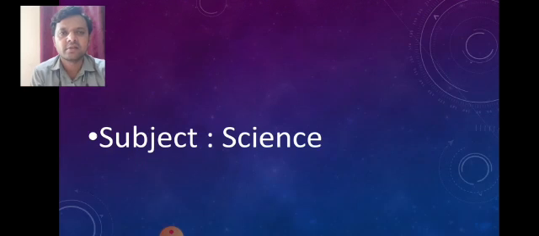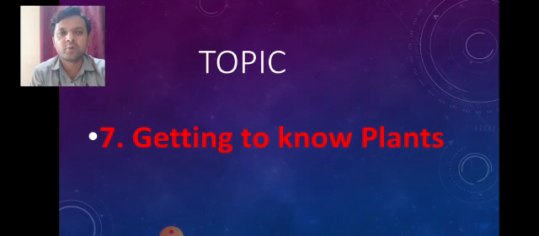Class 6th subject science, and today's topic is lesson number 7, that is getting to know plants. Already we have discussed in the previous video the types of plants, in which we have discussed trees, shrubs, herbs, clambers and creepers, their types and their examples as well.